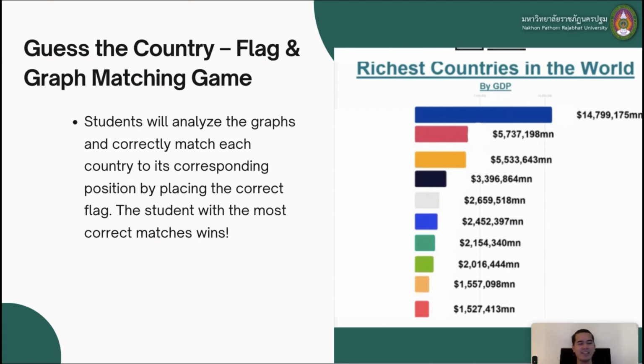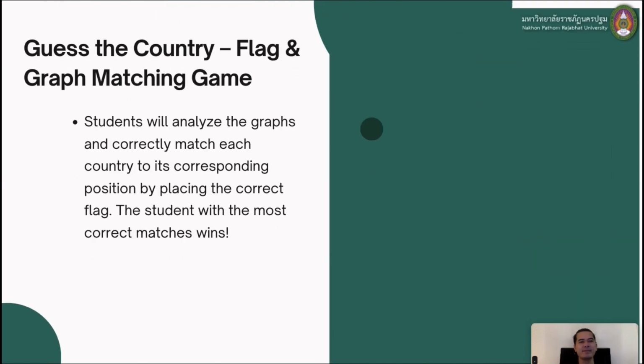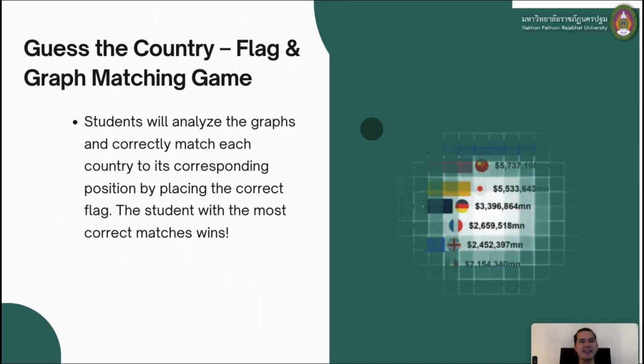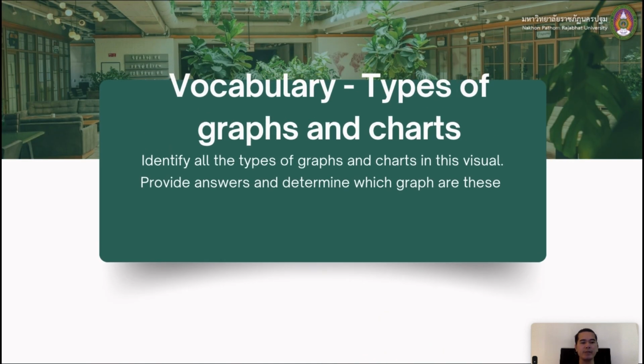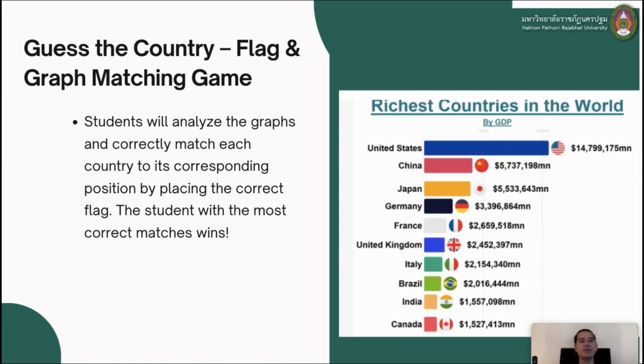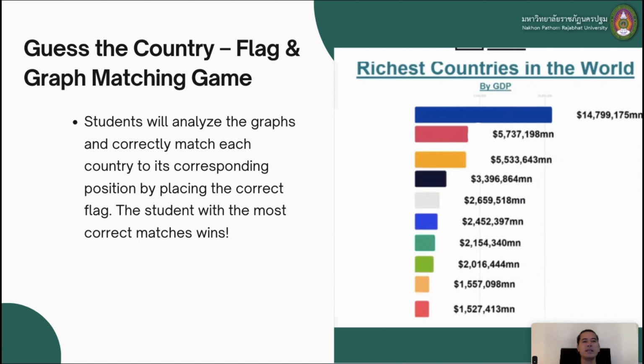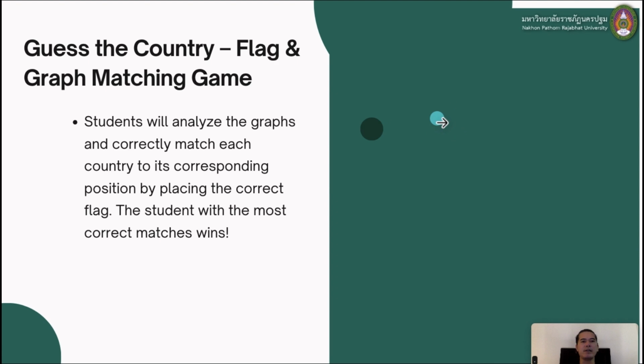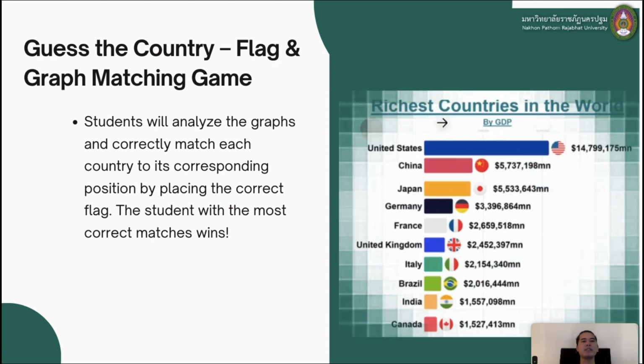All right, very good. Let's see what countries this GDP belongs to. All right, there you go. The first one is actually the United States.